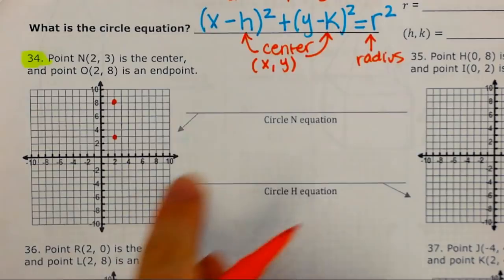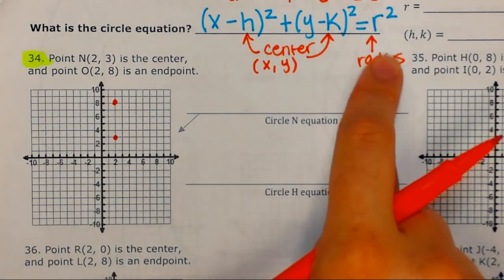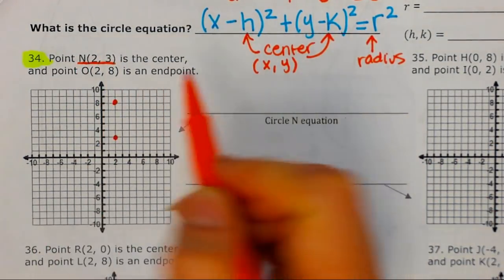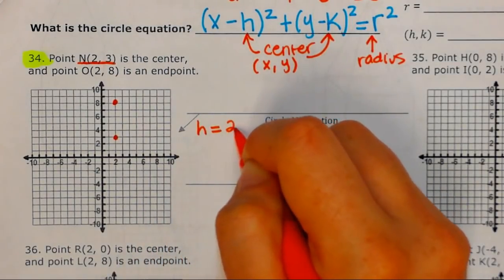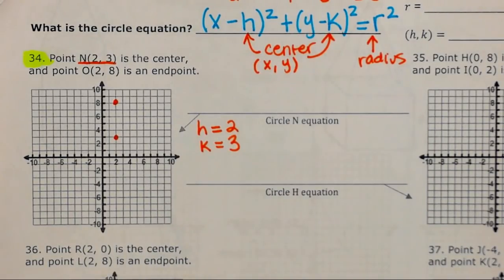So anytime you're writing the equation for a circle, you need to know two things: what is your center and what is your radius? This question gave us our center, so our h would be 2 and our k would be 3.